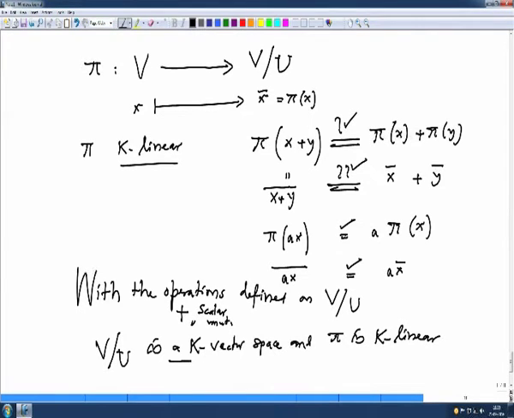For this we need to check that the scalar multiplication distributes over addition and this and that, those 4 properties from the first lecture of the definition of a vector space. That I am not going to do here. Pi K linear we have already checked. So, our operation is so well defined that this map is K linear, and also it is clear that pi is surjective.